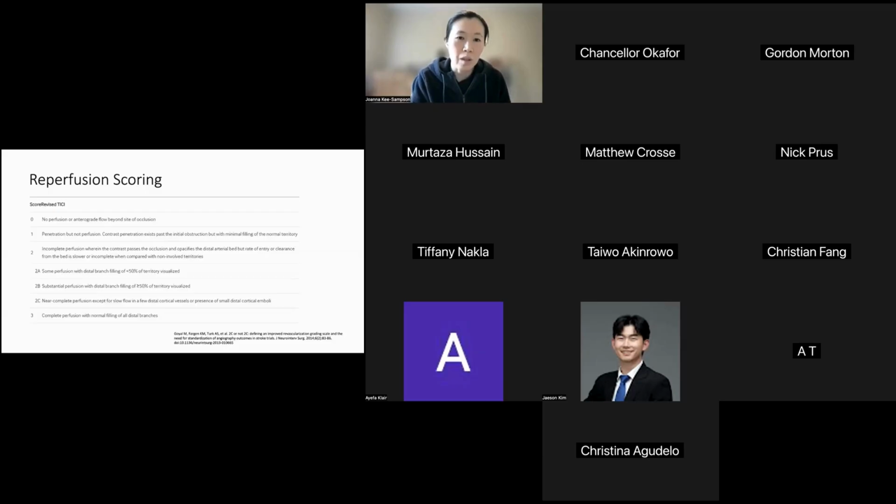The modified TICI score is a grading system we use to assess how much reperfusion we have restored after the thrombectomy procedure.